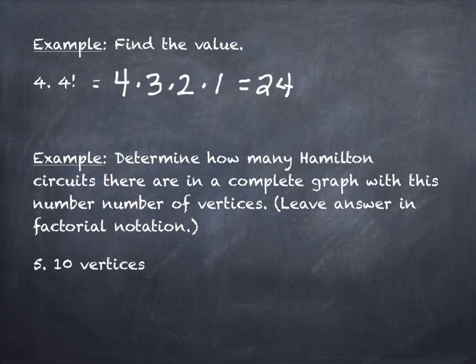And if we actually had it complete, that would mean every vertex going to every other vertex, right? So every vertex has 9 edges attached to it. Then what this formula tells us is that I have 1 fewer than 10, which would be the number 9 factorial ways of creating a Hamilton circuit.